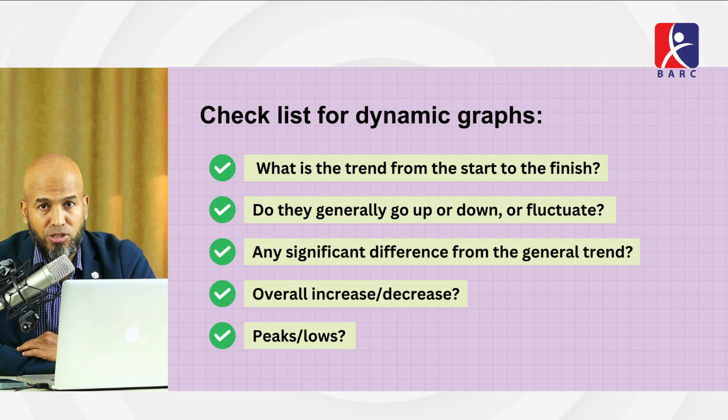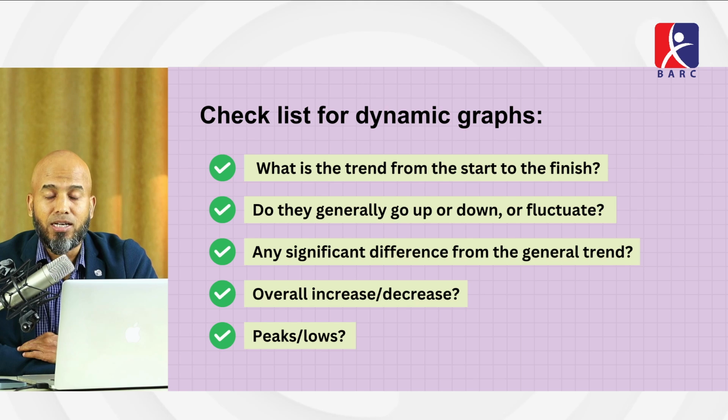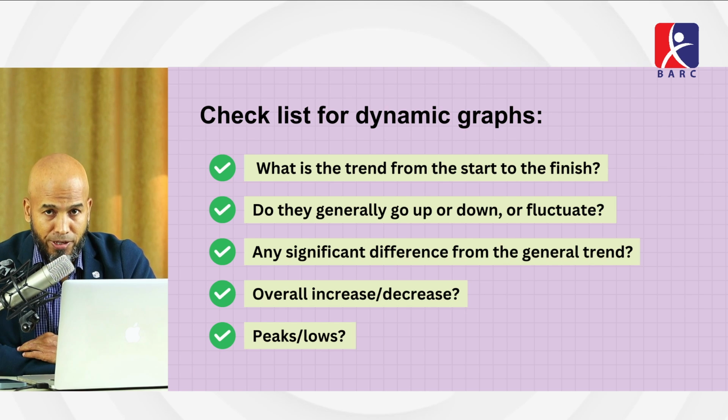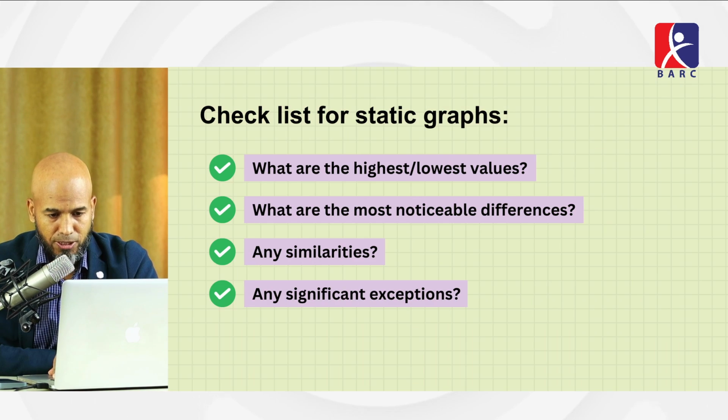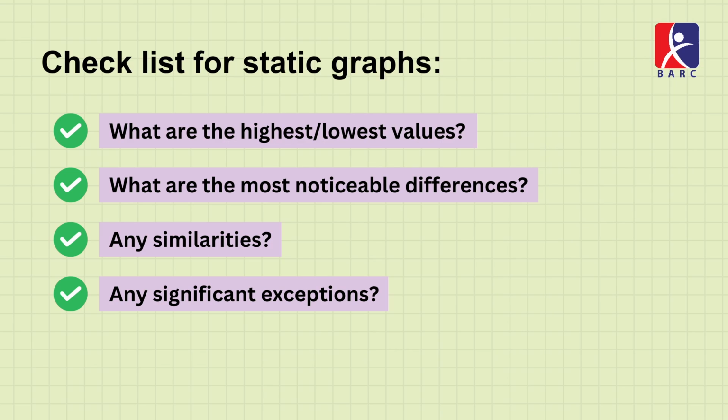These are the most critical for your writing task 1. As soon as you ask these questions, you get an answer and you write them. This is how you can write a specific and effective writing task 1. So the checklist for your static graphs. What are the highest and the lowest values? What are the most noticeable differences? Any similarities? Any significant exceptions?